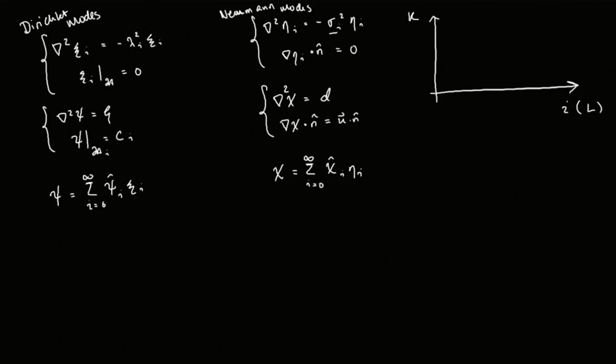If we just do the scale analysis, we have units of eta on both sides. Del squared is 1 over L squared, so that means sigma I squared has units of 1 over L squared. That means that sigma I to the minus 1 has units of length.